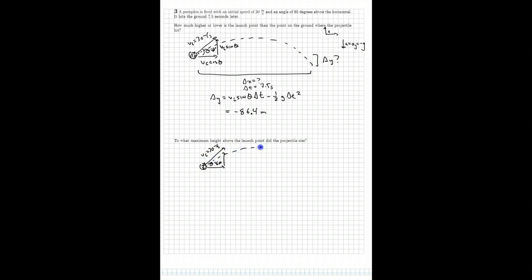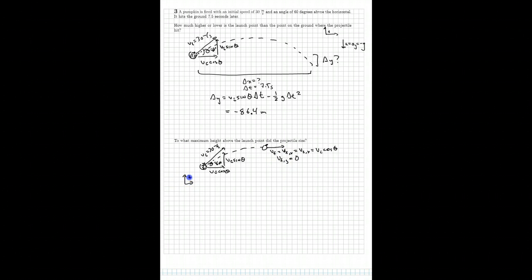This thing goes up to some point here where its velocity is only in the x dimension, and we know that that equals the vix, which is vi cosine theta, because I can break up my vector. And the vfy we know is 0.